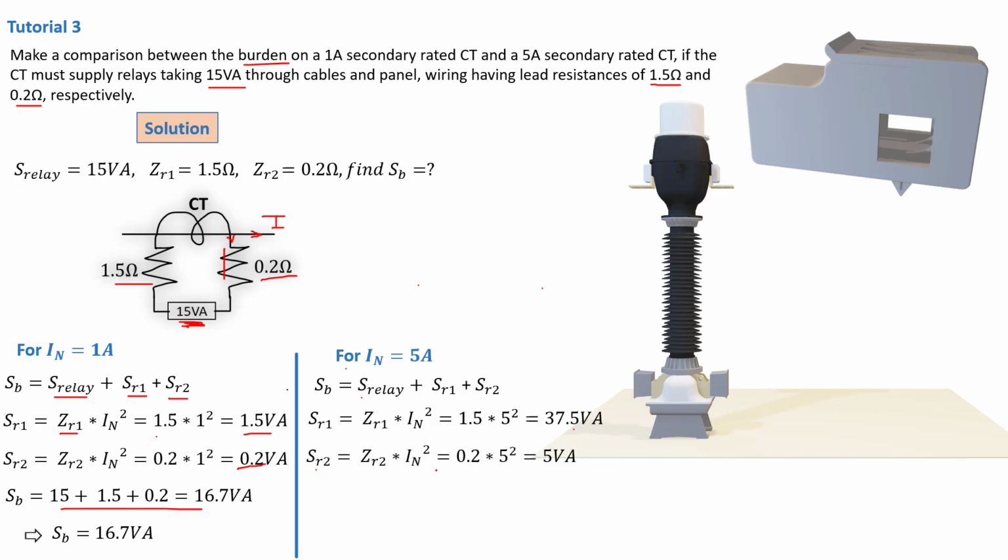Again, we replace the values, and then we find SR2 VA will be equal to 5 VA. Now from here, as we've done previously, we just need to add all the volt ampere, and that adds up to 57.5 VA. This means we have an S burden of 57.5 volt ampere for a 5 amp rated CT.